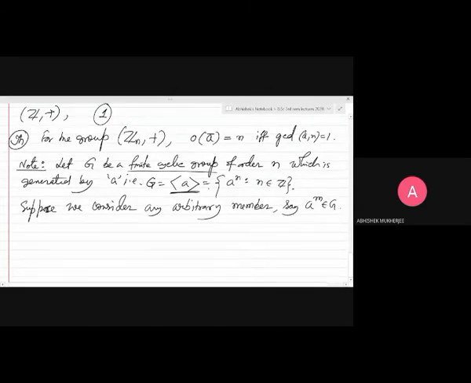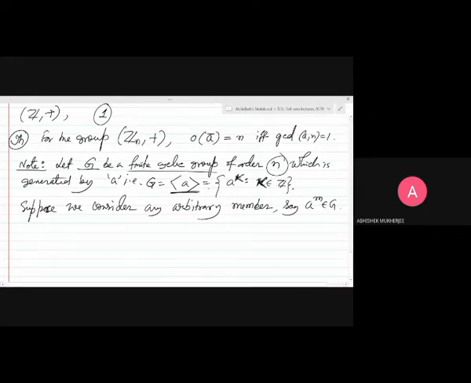Take any element of this group. I should write it as a to the power k. Now, since it is given that G is a group of order n, that is, G has only n many elements.